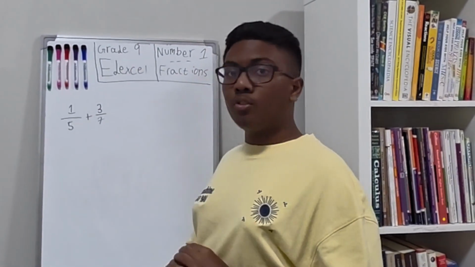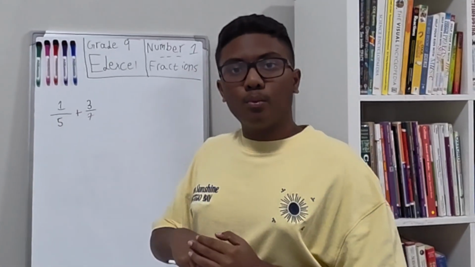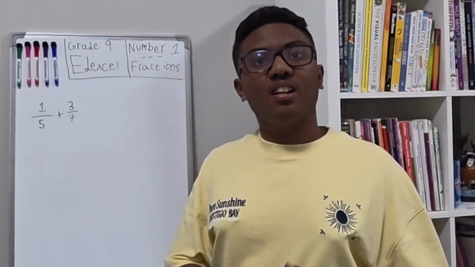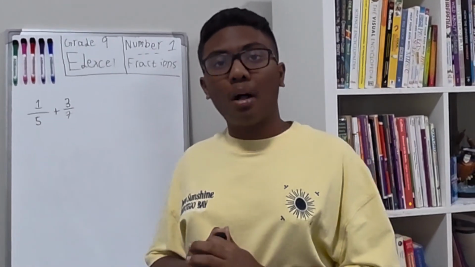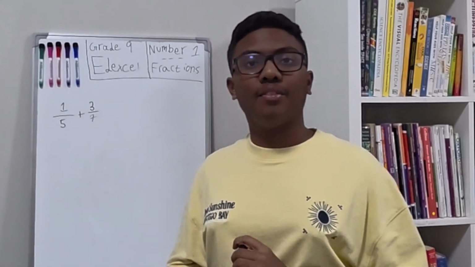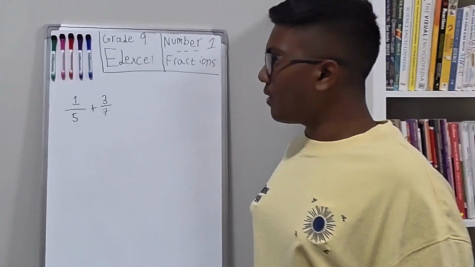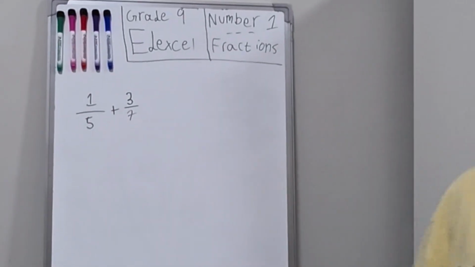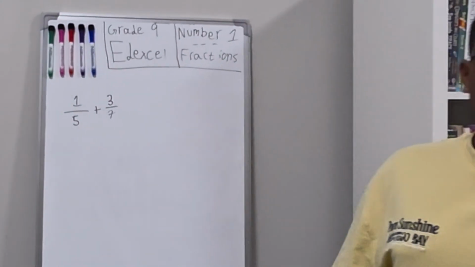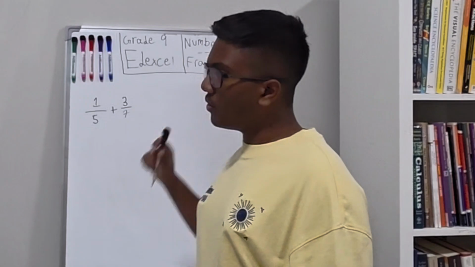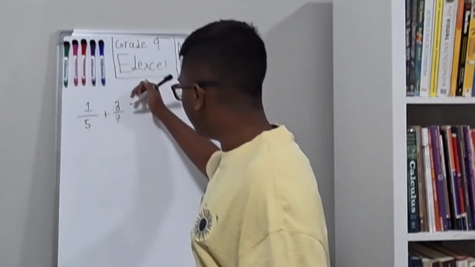Now, what we have to do for this question is we have to find the lowest common multiple, or LCM, of 5 and 7. Now, since both of these cannot be divided by anything, our only option is to take both of them and multiply them together.